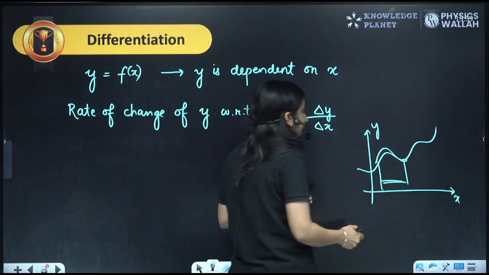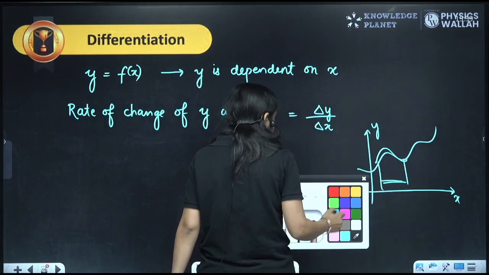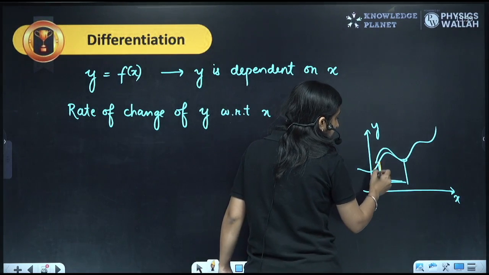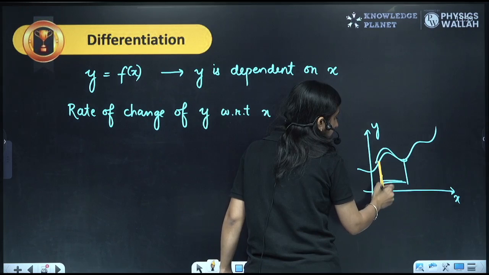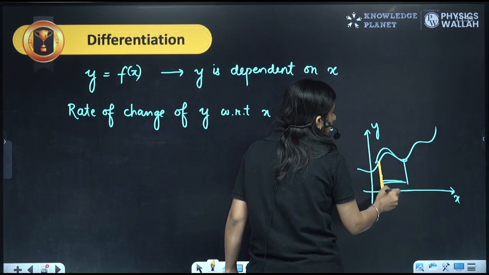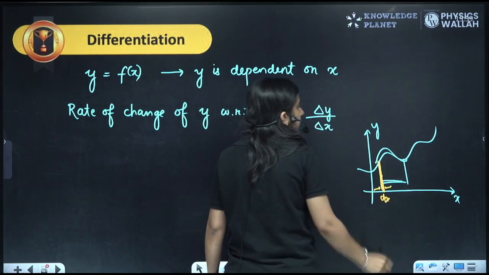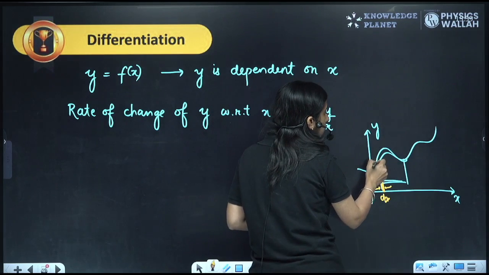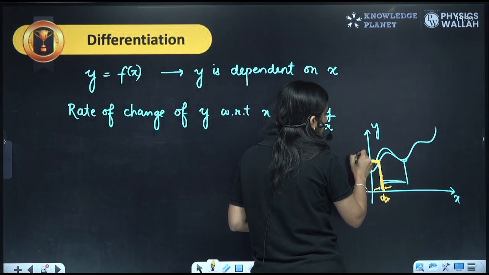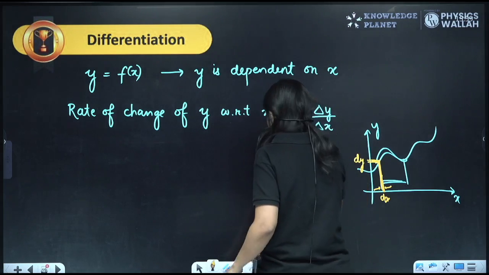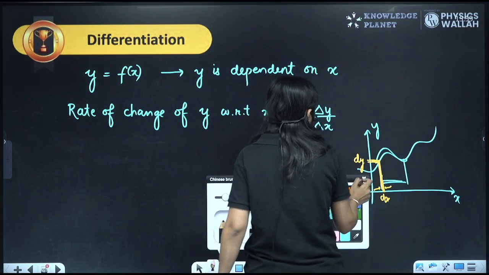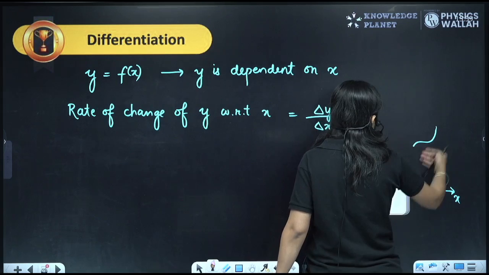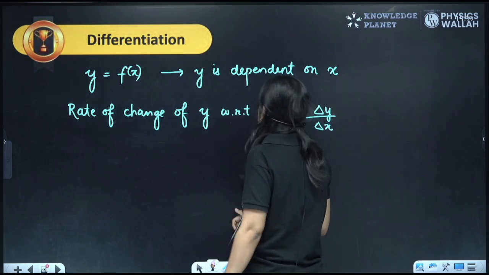So to find the change in such a case, we take a very small interval dx, such that in this interval y changes by a very small amount dy.